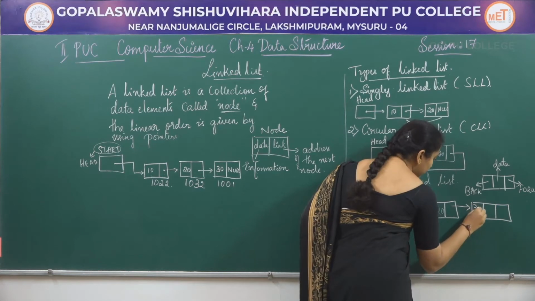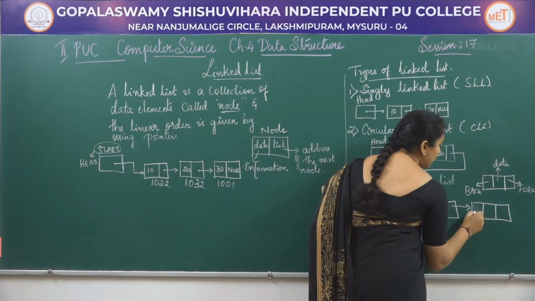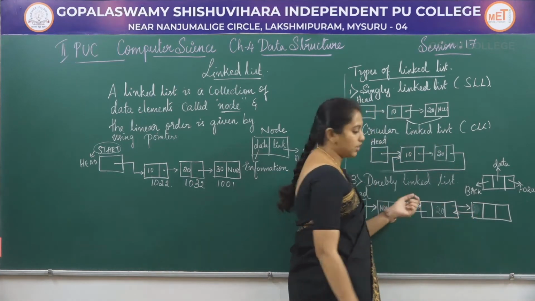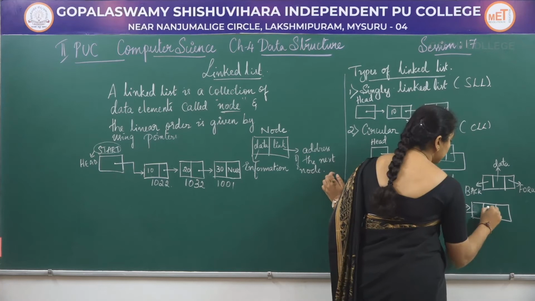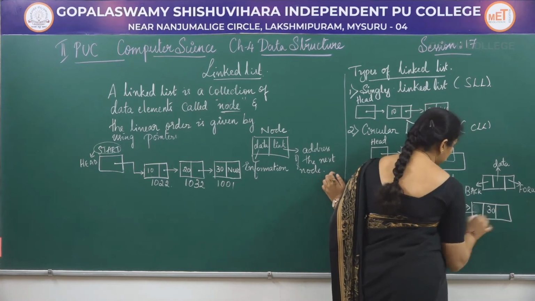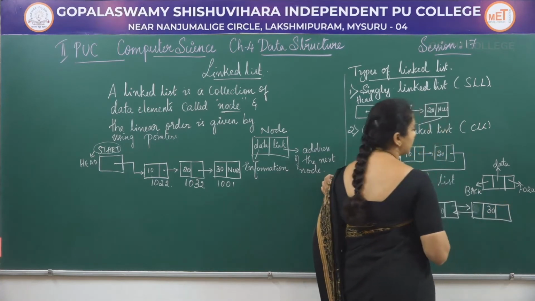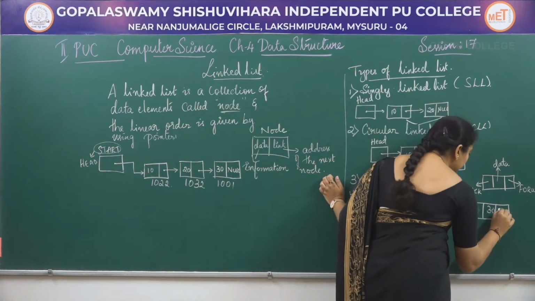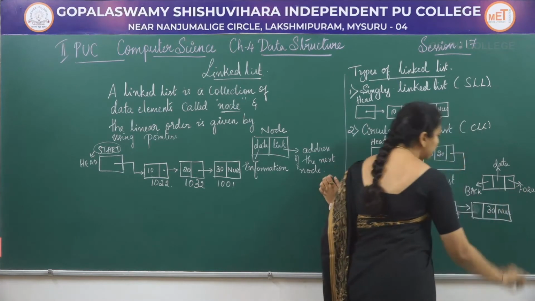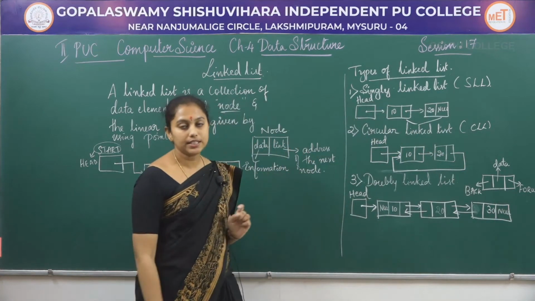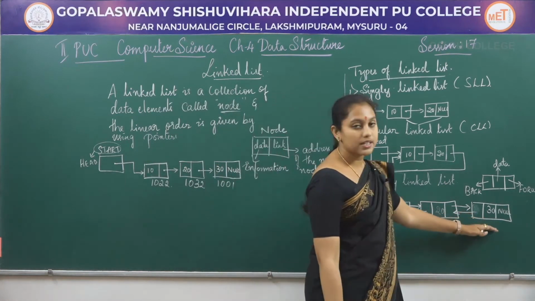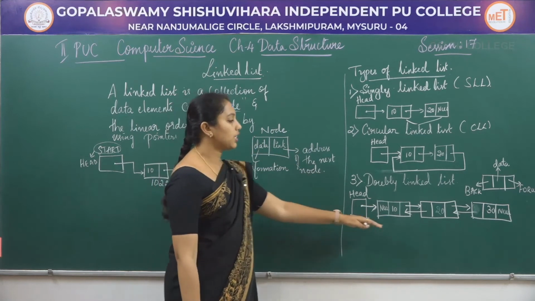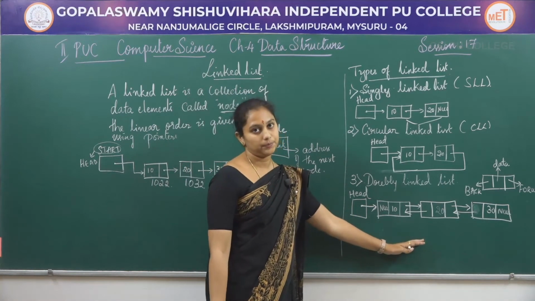In the third node, the back pointer contains the address of the previous node, the data part contains the information, and the forward part contains the value null, which represents the end node of the linked list. So this is about the doubly linked list.